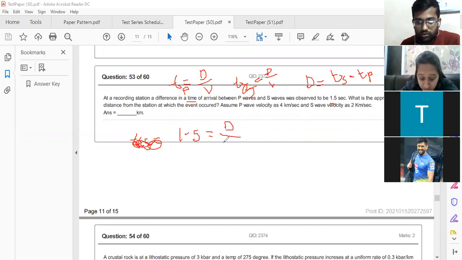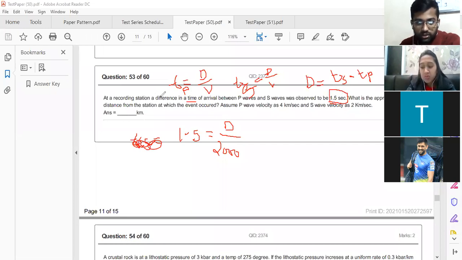For S wave 2 kilometer per second, so consider 2000 meter per second. This 1.5 is your difference actually.